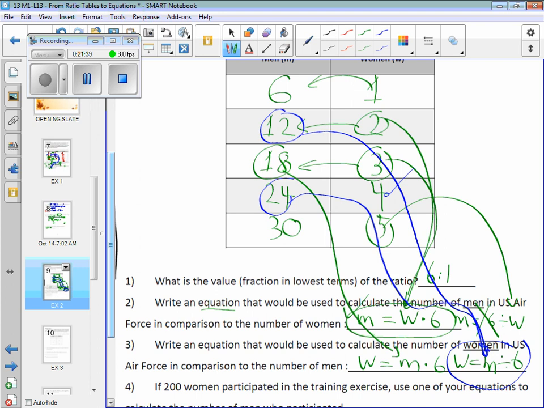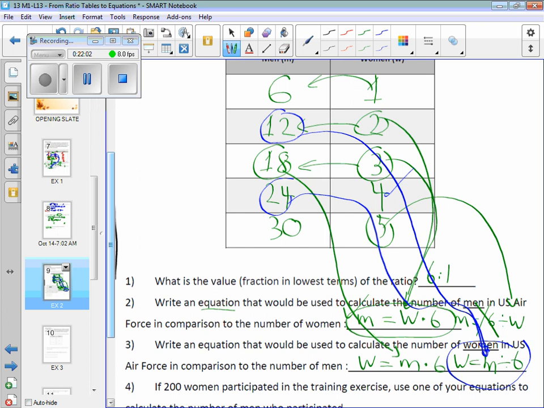Okay? Little things to look out for too. The 6 never changes. The only thing that's really changing, if you think about it, is the operation. One's going to be multiplication and one's going to be division. Now, for those of you that were able to make the leap into fractions, dividing by 6 is the same as multiplying by 1/6.